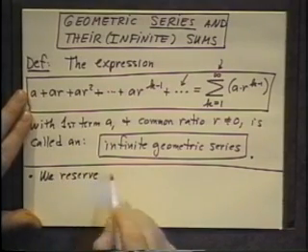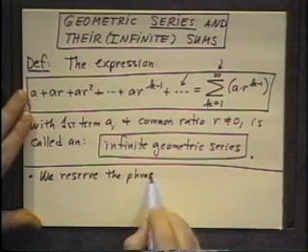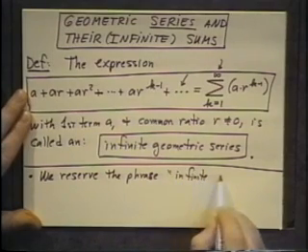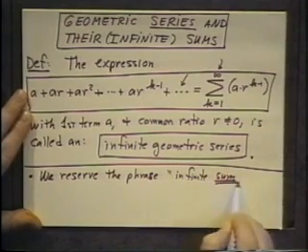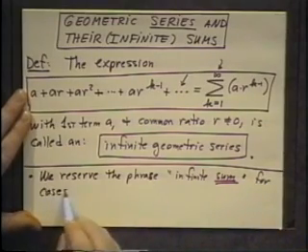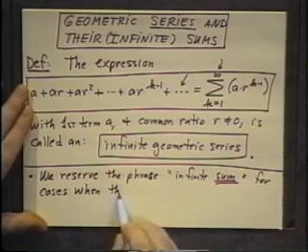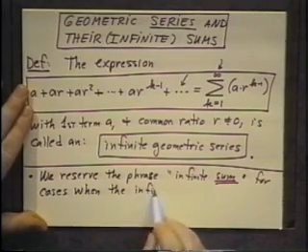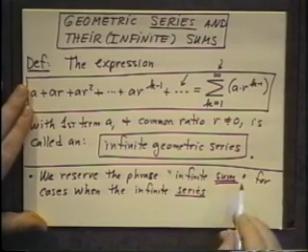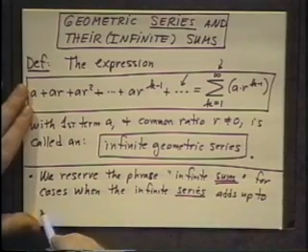We reserve the phrase infinite sum, as opposed to series, for cases, and you'll see, cases when the infinite series, as we have above, adds up to a finite real number.